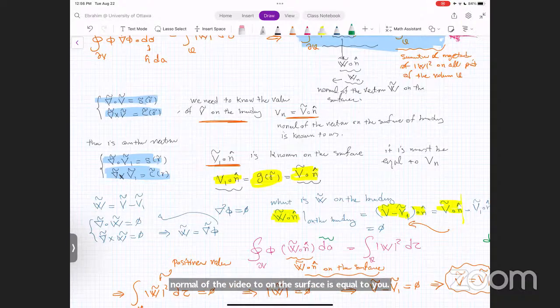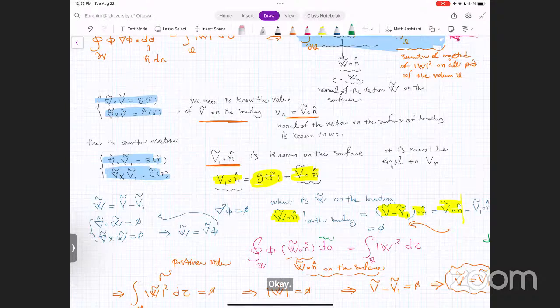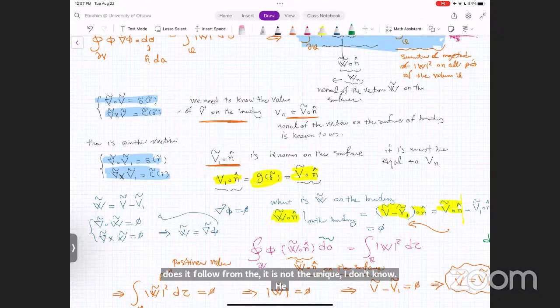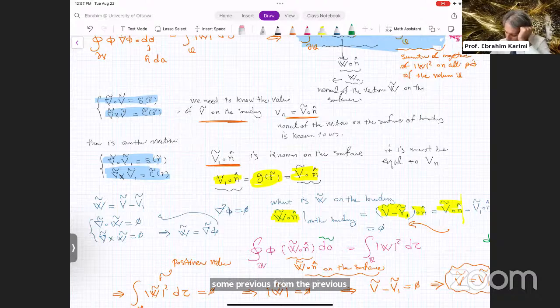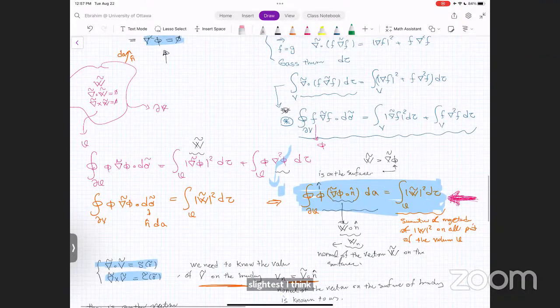Okay. So we still have another question, from the previous integral equality. Where does it follow from V? It is not unique. I don't know, I think he asked from the previous slides. I don't know what it means.